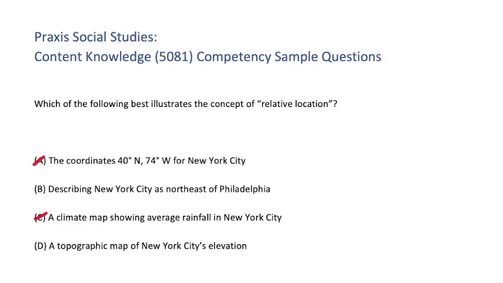Now we can eliminate option D. A topographic map is describing elevation, which is also not what we're looking for here. The correct answer is B, describing New York City as northeast of Philadelphia. That is describing relative location because it defines a place compared to another place, rather than using exact coordinates.